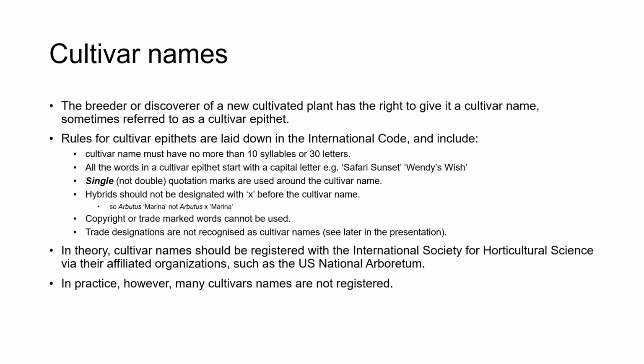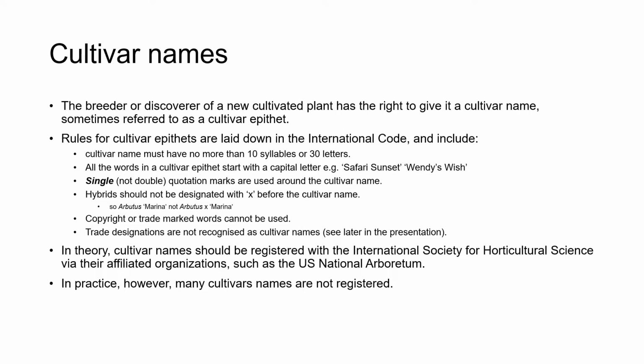A cultivar name must have no more than 10 syllables and 30 letters. All the words in a cultivar epithet start with a capital letter. So Safari Sunset, both words with capital S's, and Wendy's Wish, both words with a capital W. Single, not double, quotation marks are used around the cultivar name. The cultivar epithet isn't written in italics.